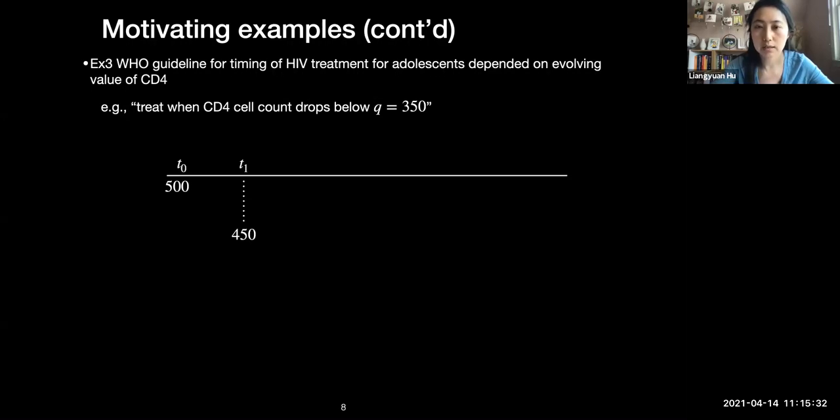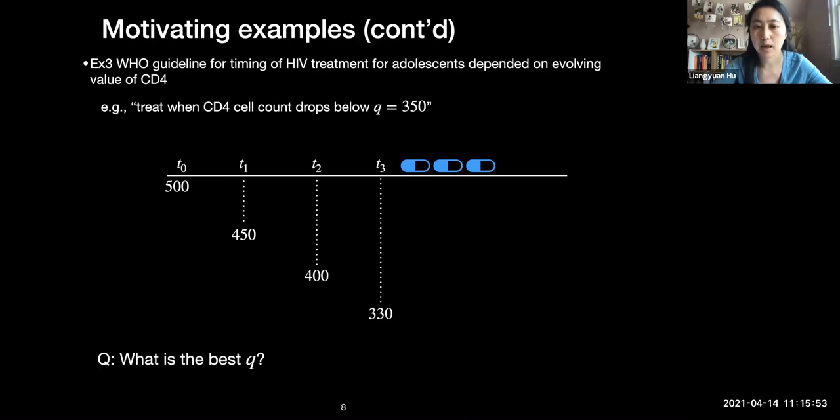Next visit, CD4 was down to 450, and the next visit down to 400, and the final visit down to 330, which is below the threshold. And then starting from this time onward, the person started to take ART medications. So this is an example of a dynamic treatment regimen. And the question is, what is the best threshold? What is the best Q?